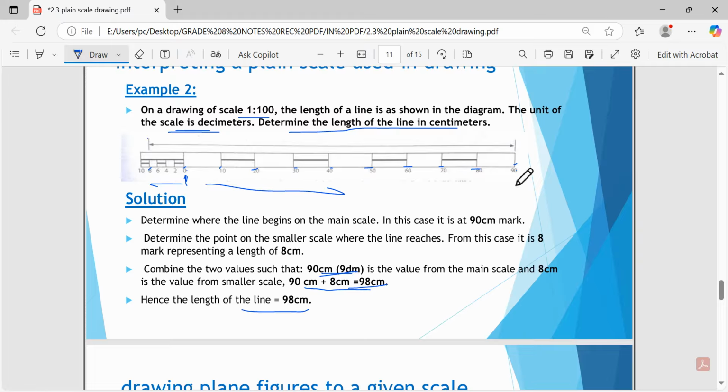This one was not in centimeters, it was in decimeters.